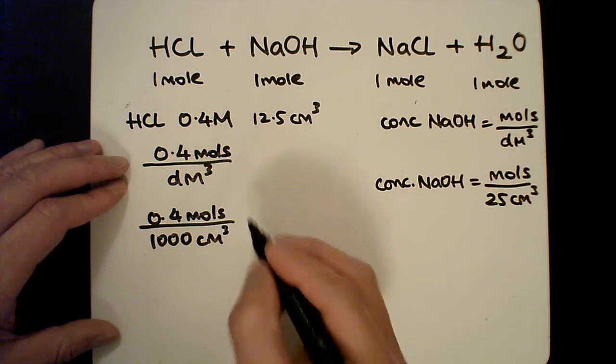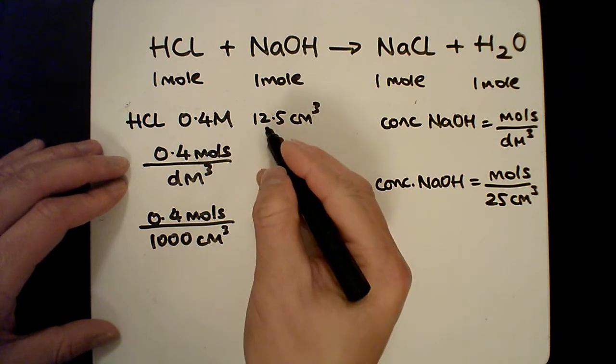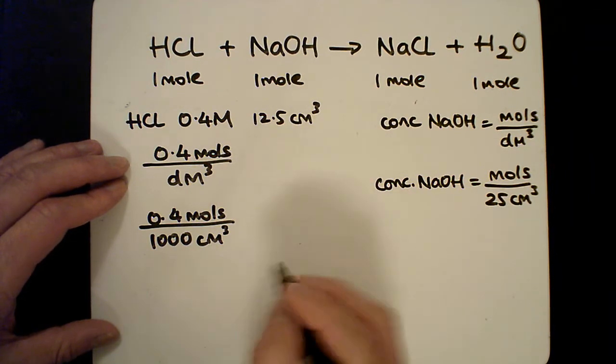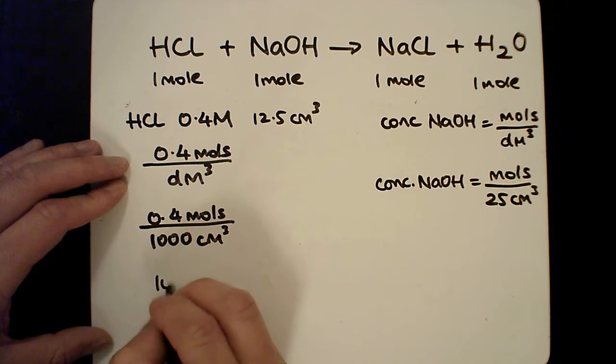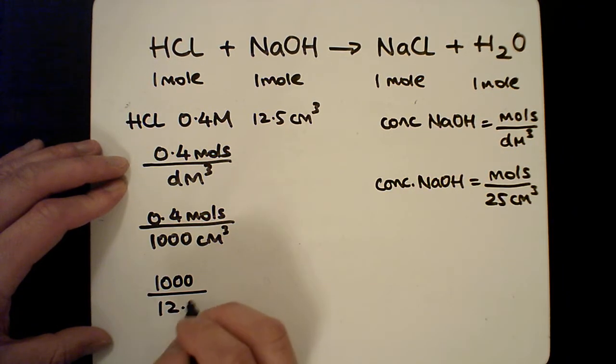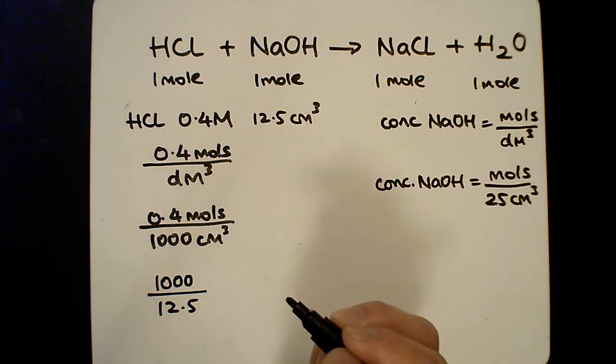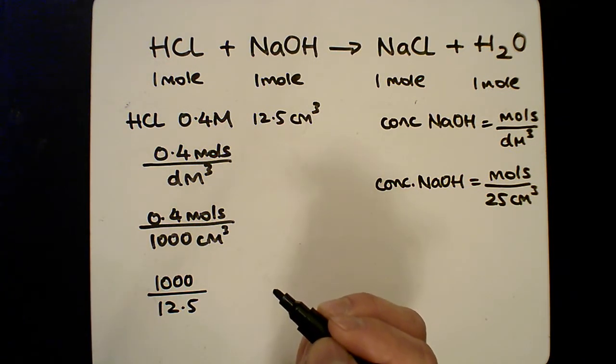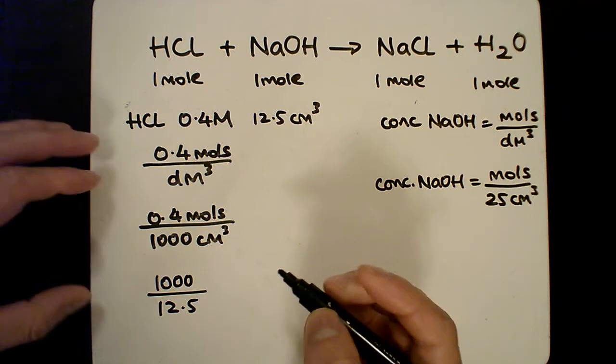To get from 1,000 to 12.5, the factor is 1,000 over 12.5. So 1,000 divided by 12.5 is 80.